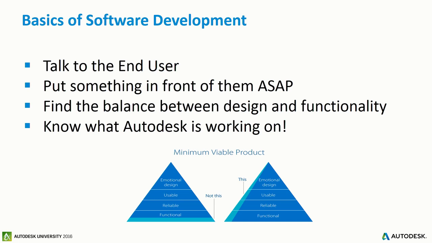And the next thing that's really big that we found out is know what Autodesk is working on. A lot of times you'll identify something, a process or some functionality that's missing from your workflow, and you can spend a lot of time working on how to fix that for your group, and then you'll find out that Autodesk just came out with something that does that.